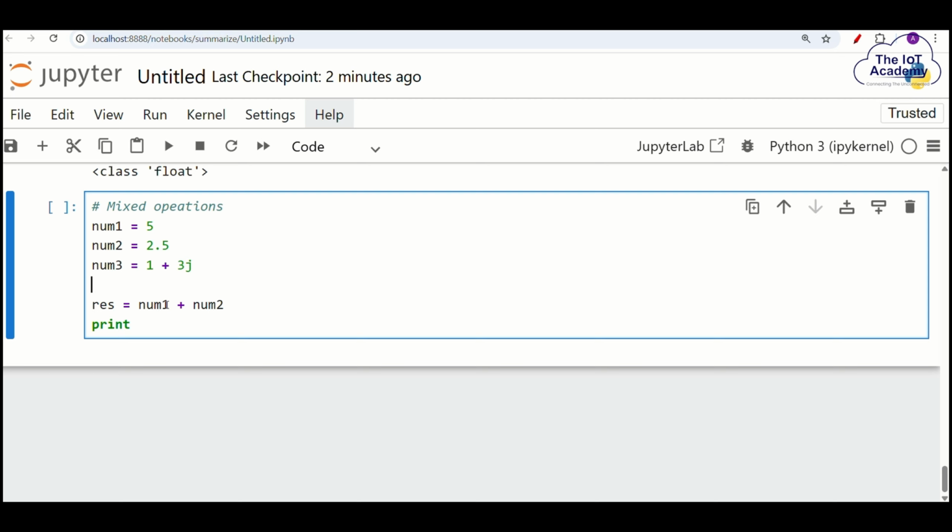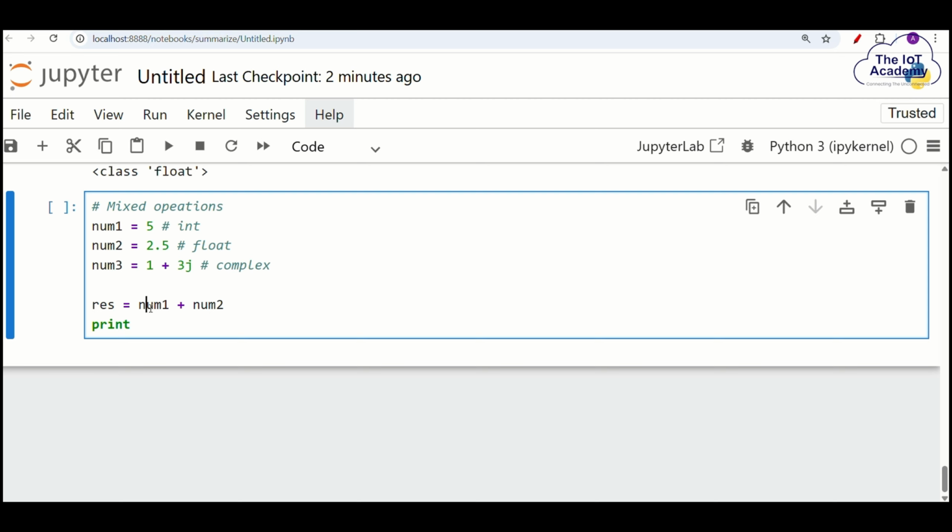Okay, so mixed operation. So now we're going to do a mixed operation on, let's say, num1, which is your integer right here. This is your int, and this is your float, because of this decimal number right there, and this is your complex number, because of the presence of this j.